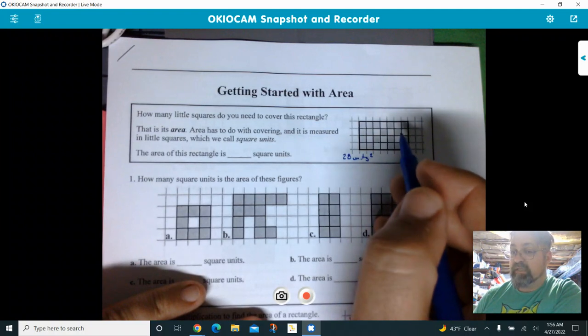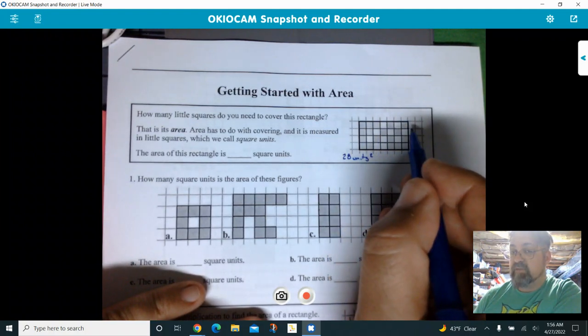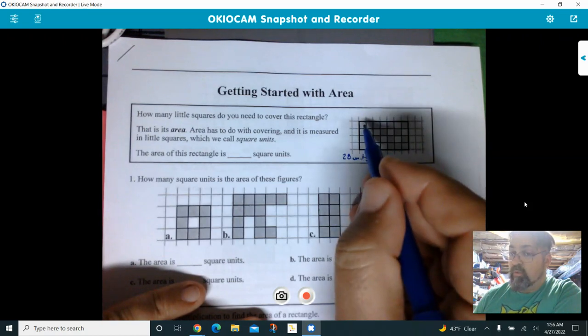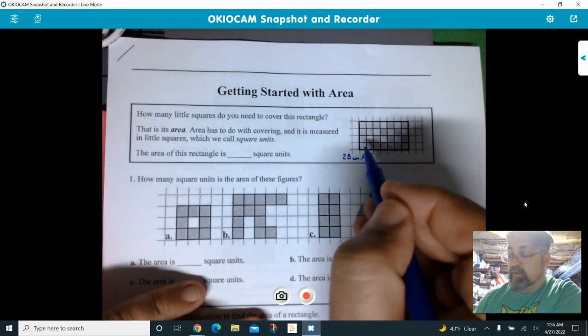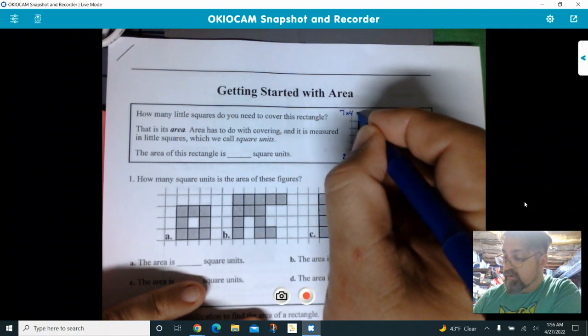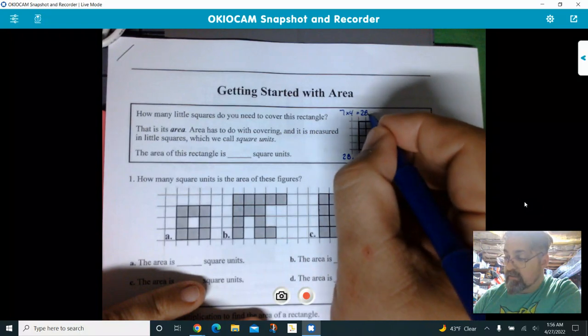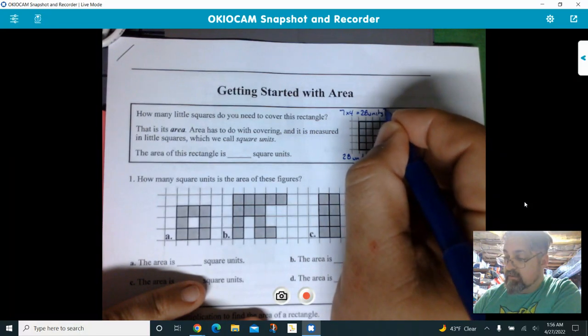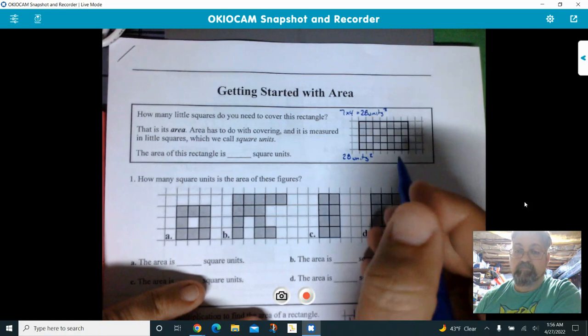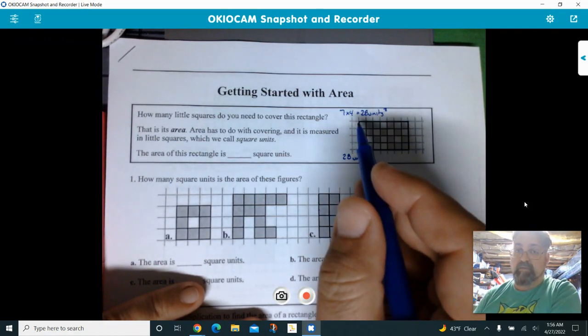I could count them all individually like that, or I could take 1, 2, 3, 4, 5, 6, 7 times 1, 2, 3, 4. And 7 times 4 is 28 square units. So you can either count them or multiply them.